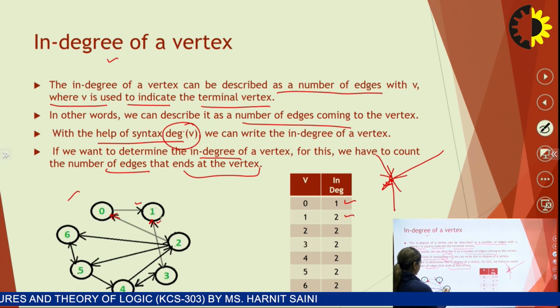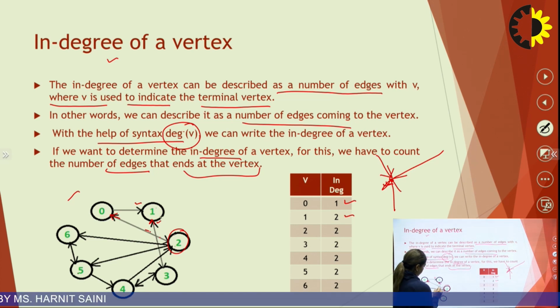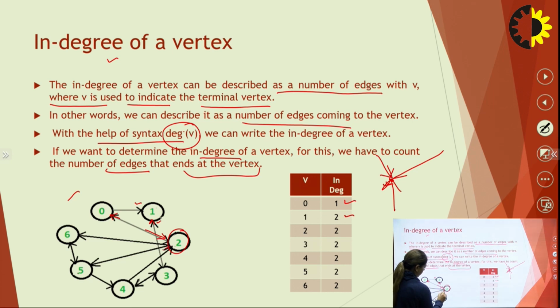Now let's consider the vertex 2. Vertex 2 is having 4 edges connected to it, but the in edges are, see here, 1 and 2, so the in degree of 2 is 2. Note that this edge is counted for 0 also and 2 also, because they have arrows like this, the direction is this.